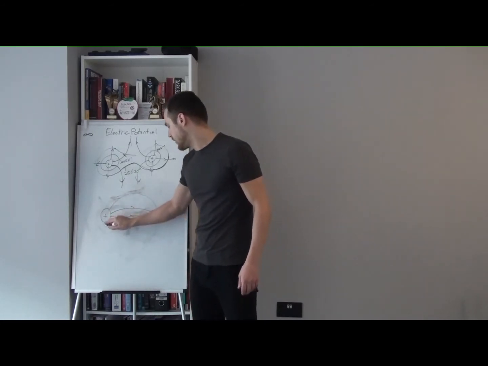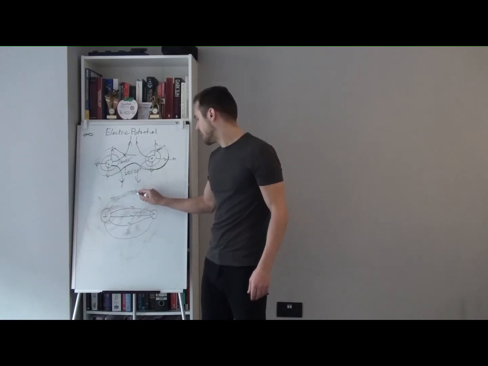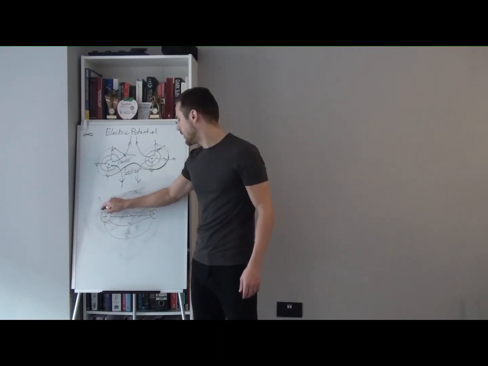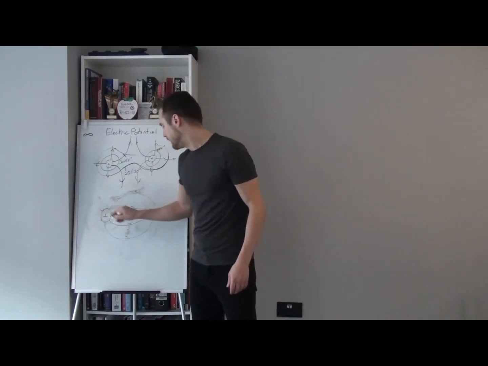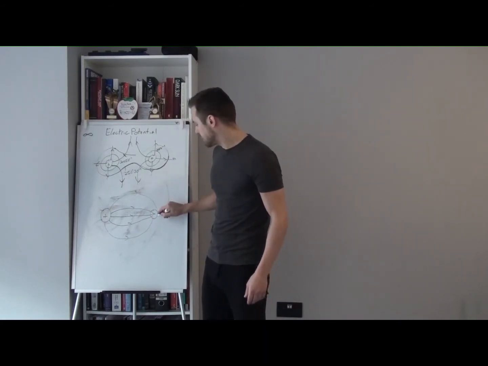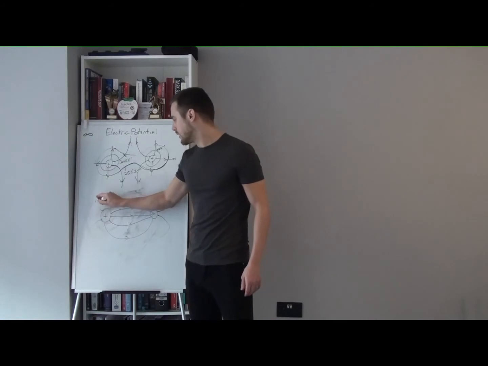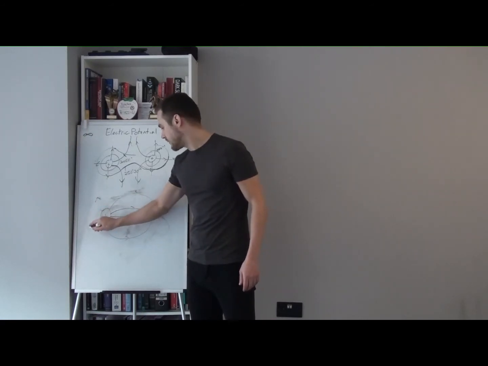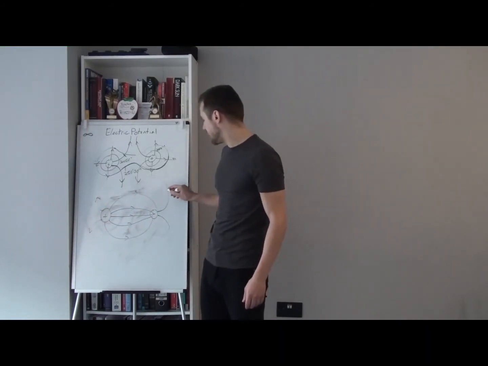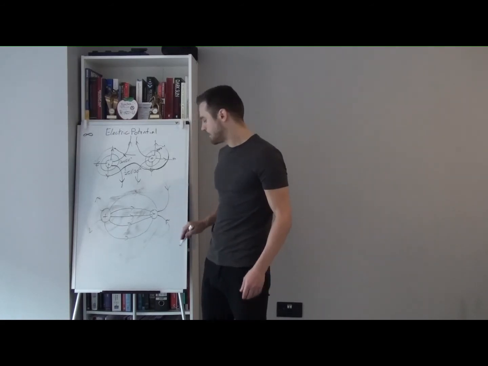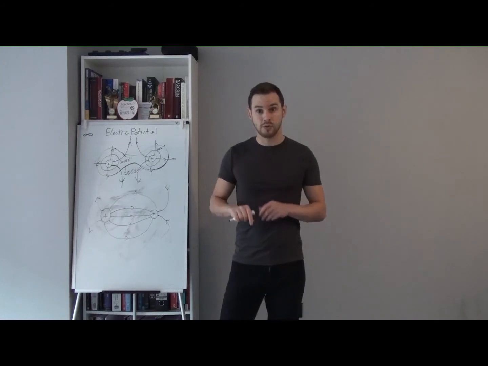In fact, you might even recognize the field as we add more lines to it. You might recognize that this field is actually very similar to that of a bar magnet, because we've essentially got two poles here. We call it a dipole, and we also have the same situation with a bar magnet. We have a dipole, because in the case of a bar magnet, there are always two poles.